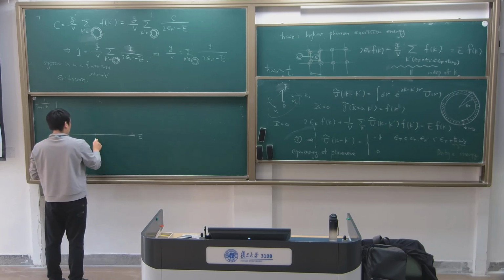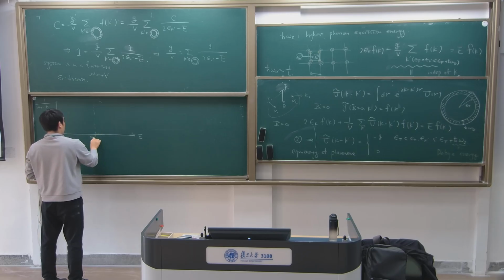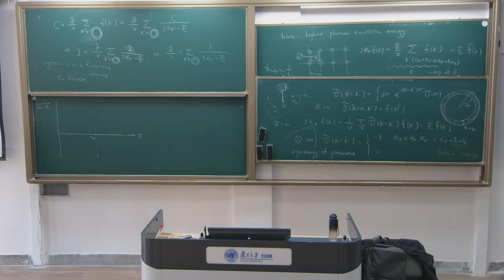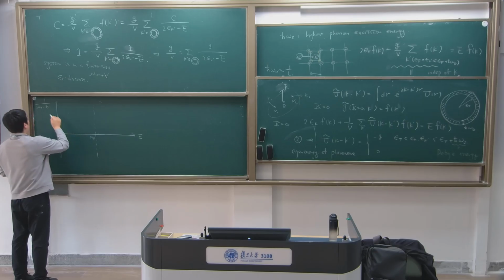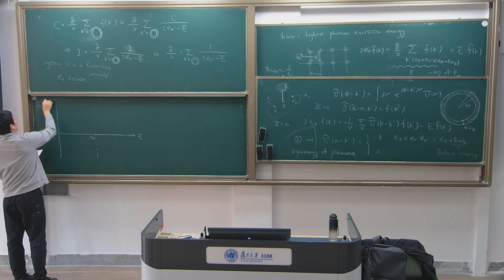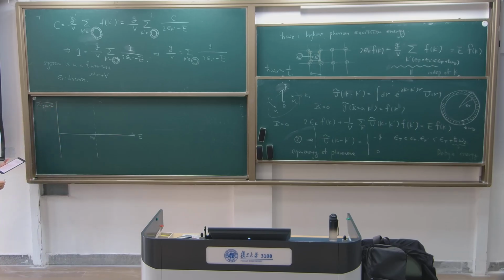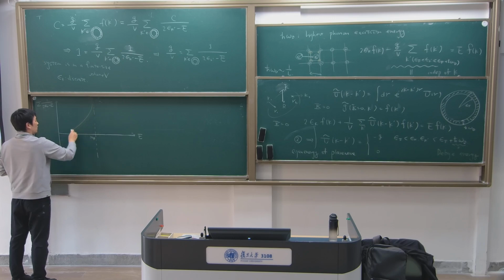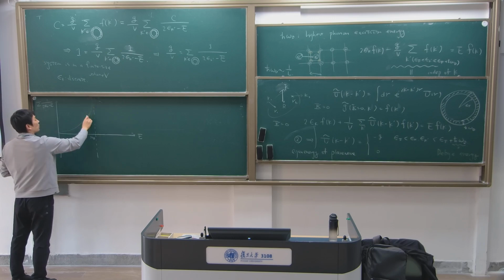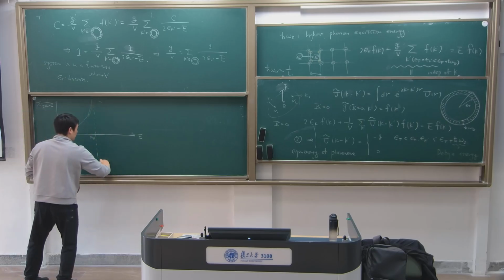So here you have a 2 epsilon F. You have a moment, and so this is the sum over 1 over 2 epsilon k. Okay. And then here you have this kind of potential, and also you have this kind of potential.